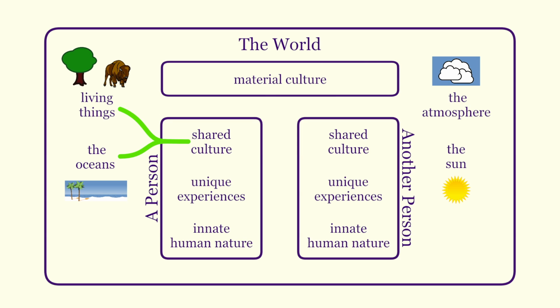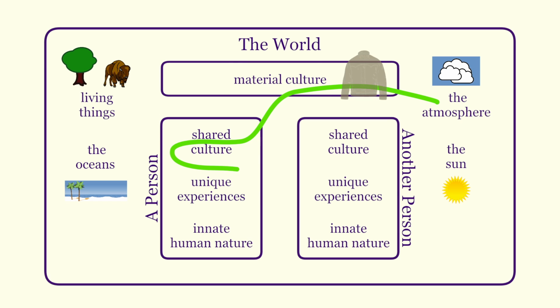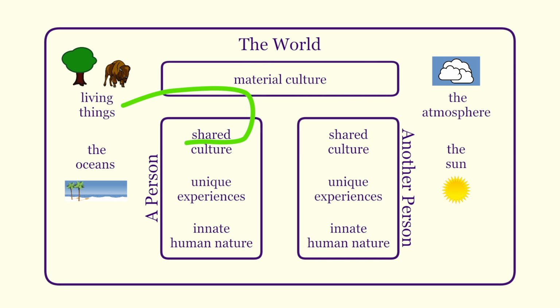Our interaction with the wider world is colored, often shaped by what we have internalized from our culture. In addition, many of our interactions with the wider non-human world are mediated by the material side of our culture. For example, we moderate the impact of the weather through clothing and shelter. We manage the growth of living things with the help of farm and forestry equipment.